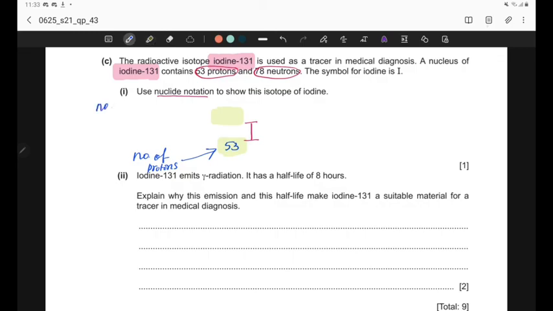That is the sum of the number of protons plus number of neutrons. So that is 53 plus 78, and that is 131. So you can represent the nuclide with 53 and 131. So this should be the answer.